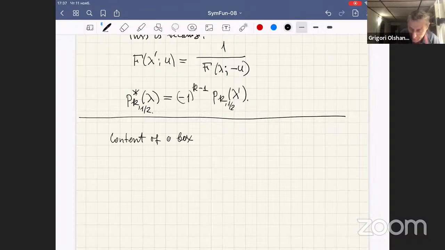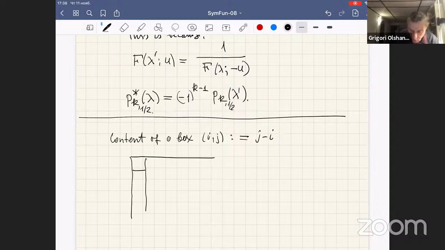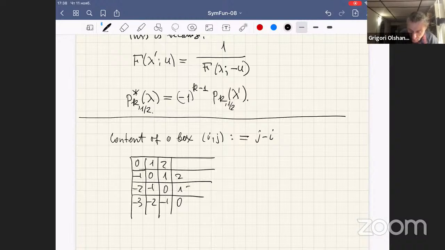If you have a box, it is by definition the difference between the column index and the row index. So we get this picture. The content is equal to 0, 0, 0, 1, 1, 1, minus 1, minus 1, minus 1, minus 2, minus 2, minus 3, 2, 2, 2, and so on.